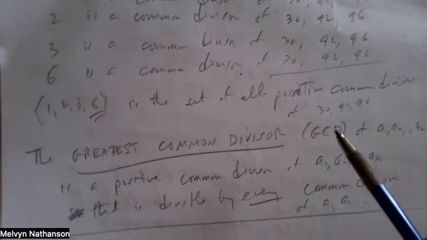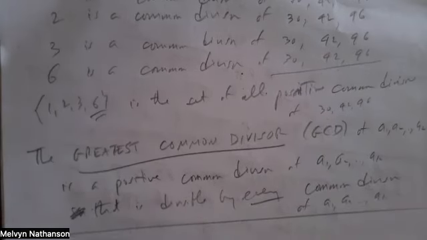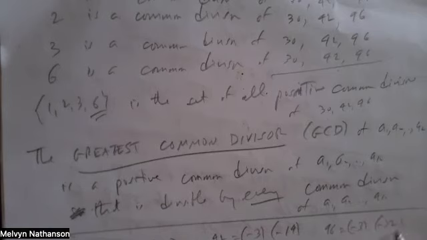By the way, common divisors can be negative. I mean, -3 is also a common divisor of these numbers because 30 is divisible by -3. It's -3 times -10. And 42 is -3 times -14. And 96 is -3 times -32. So -3 is also a common divisor.